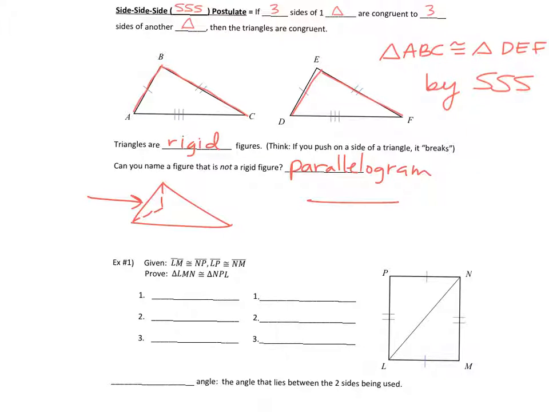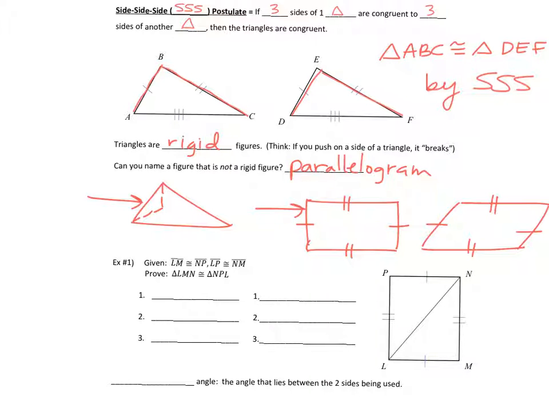If I had a figure that looked, say it started as a rectangle, right? If I were to push on the top of that rectangle, it's just gonna lean. Okay, I can keep these side lengths and these side lengths. It's just going to look like this now instead, right? Those are still the same length. Those are still the same length. It just leaned over, okay? That's not a rigid figure. It didn't keep its shape when the side lengths stayed the same.